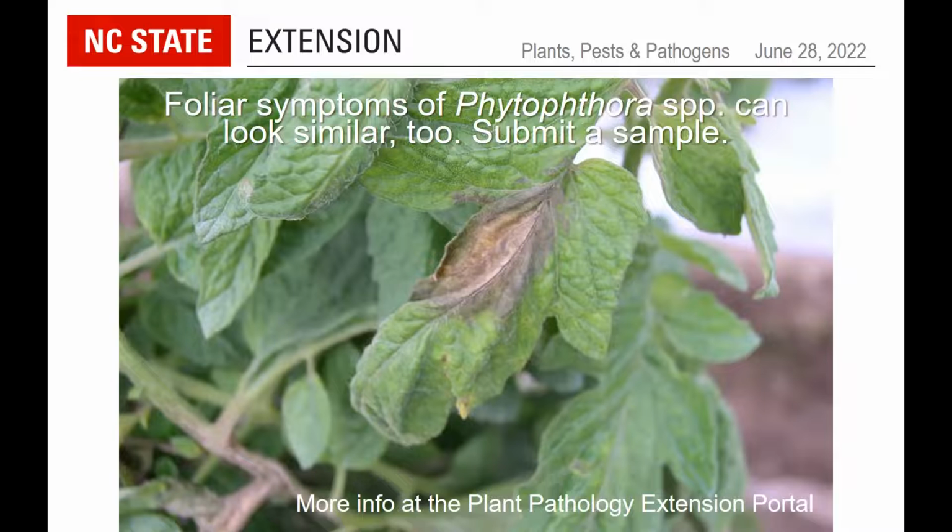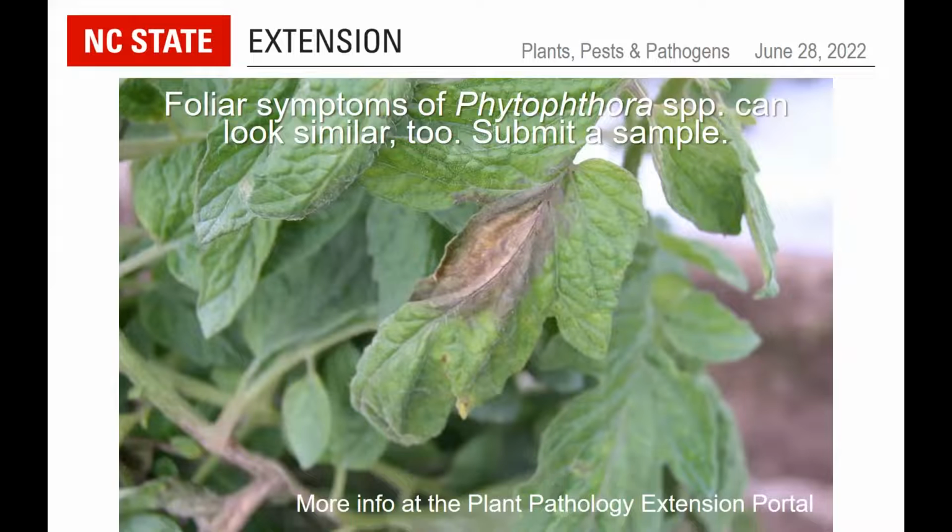So in this case, also because other Phytophthora species can cause similar damage, you definitely want to submit a sample if you suspect late blight on tomatoes, so that can be confirmed and then reported to the, what's it called? USA Blight website, if that's what it's still called, for keeping track of these things nationwide.